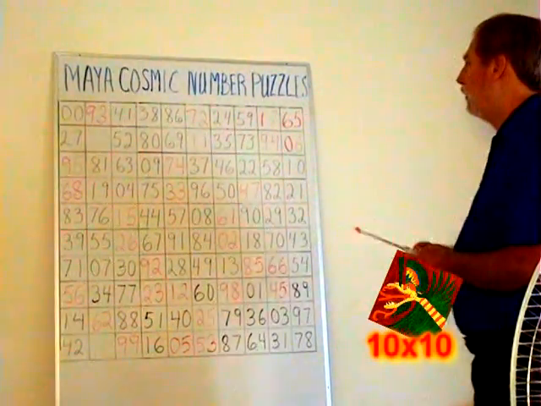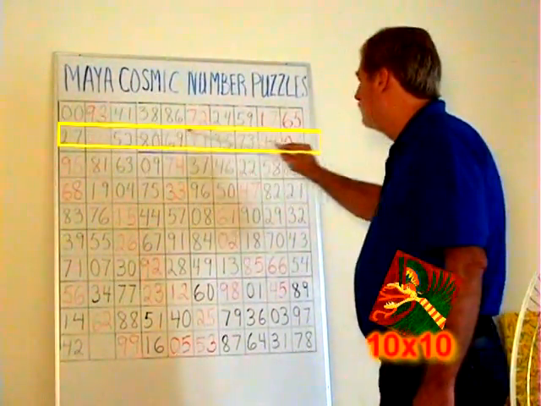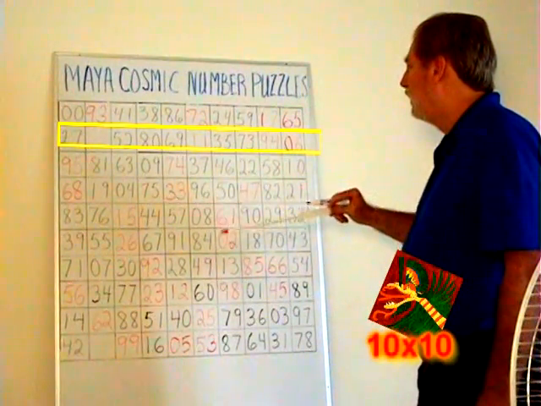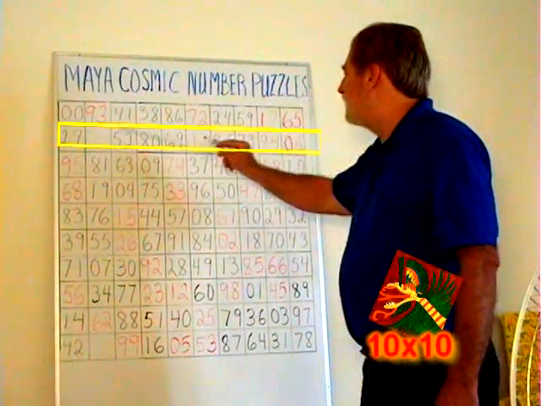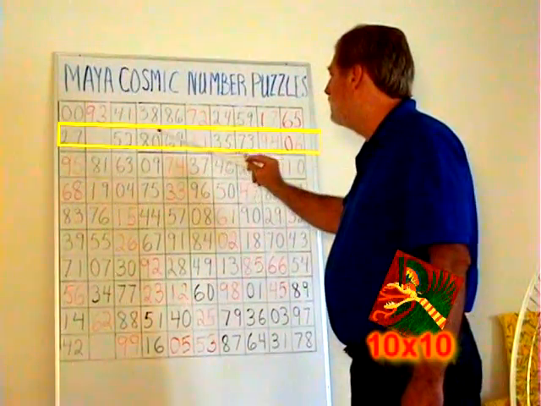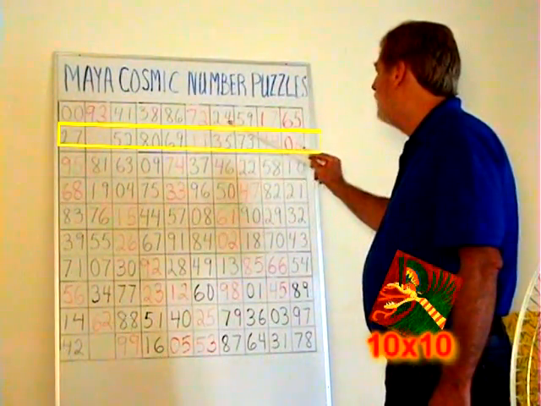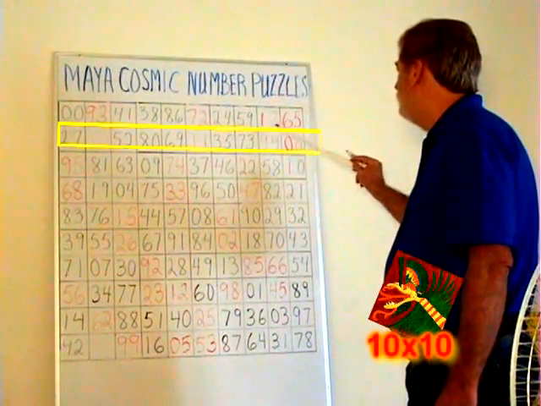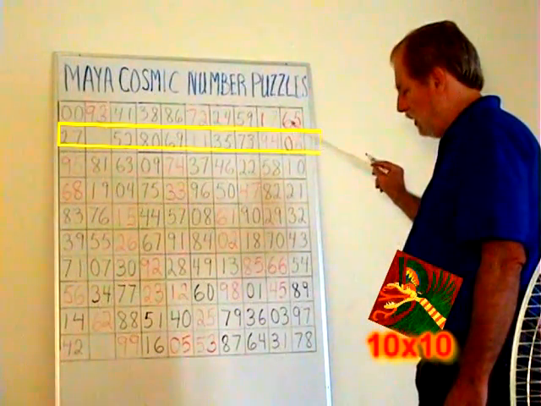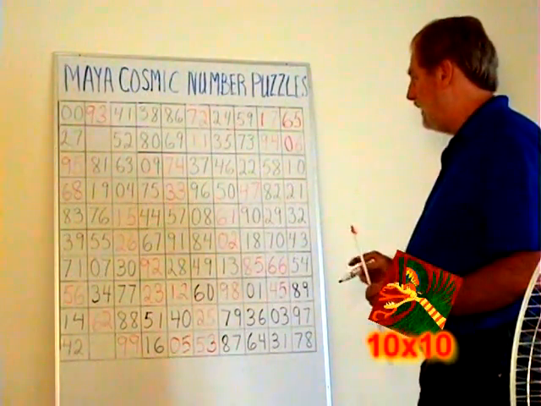Now, we can solve this row quickly. And we see that we have a 7, a 2, a 0, 9, 1, 5, 3, 4, and a 6. So we are missing an 8.